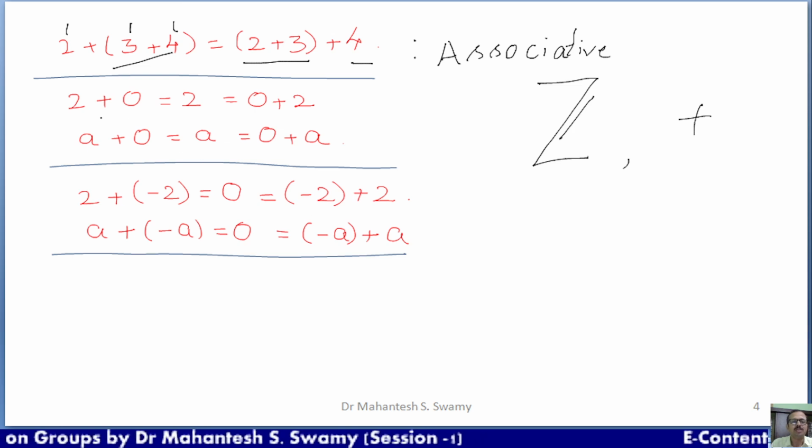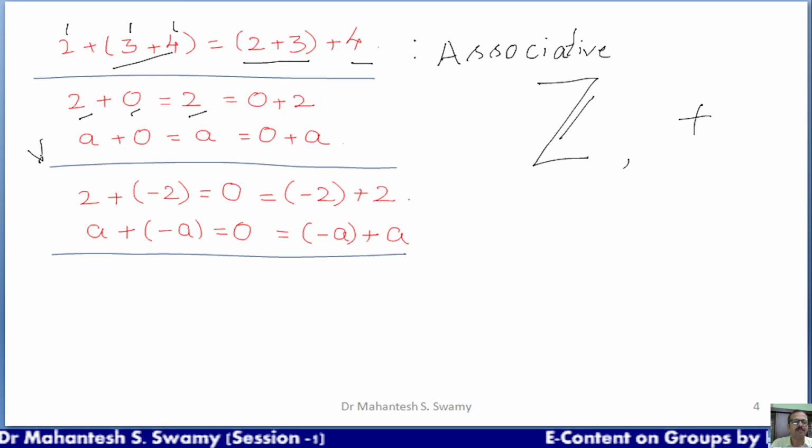Again, you please observe any integer added with 0 is giving you the same integer. That is 2 plus 0 is equal to 2, or 0 plus 2 is also equal to 2. In general, for any a, a plus 0 is equal to a, and it is equal to 0 plus a.